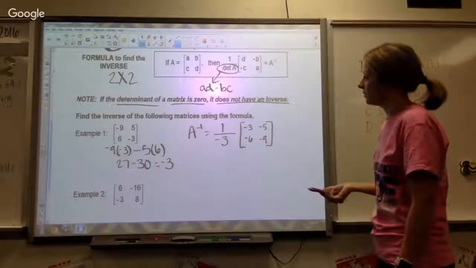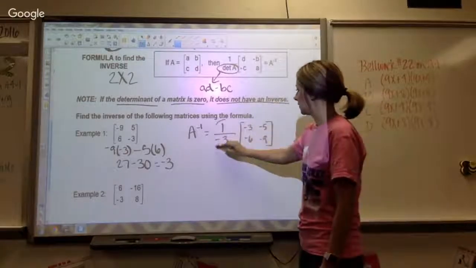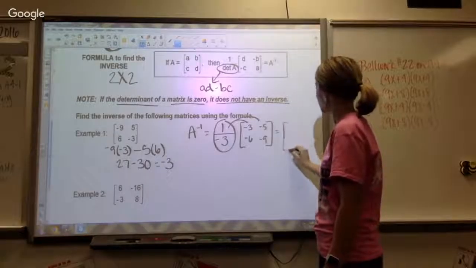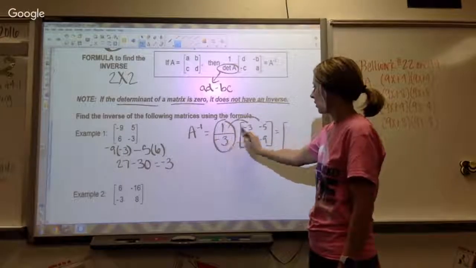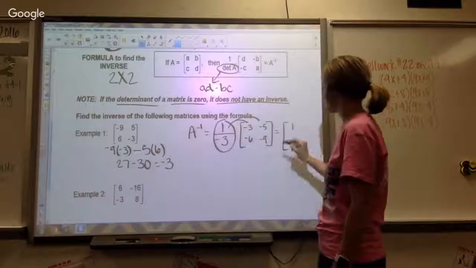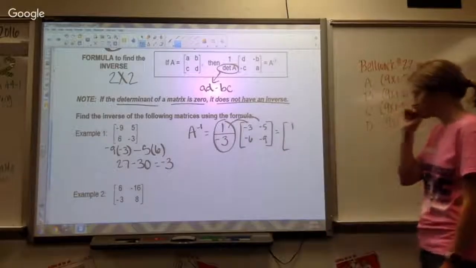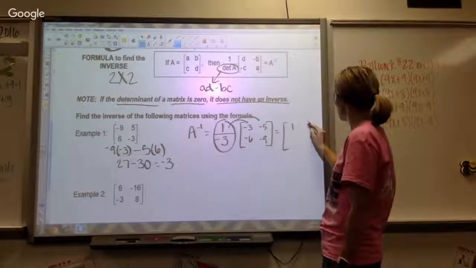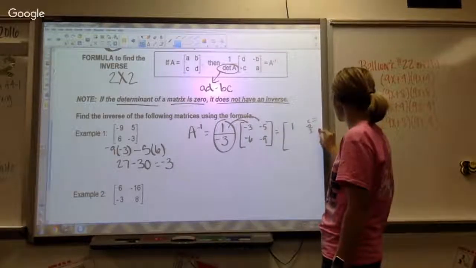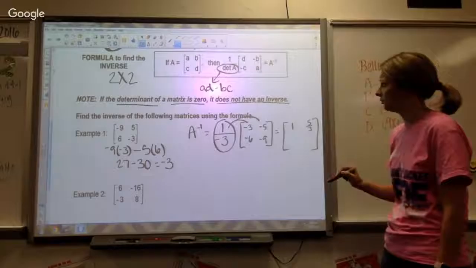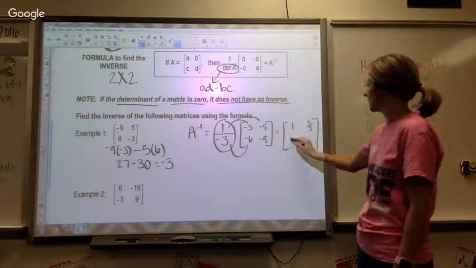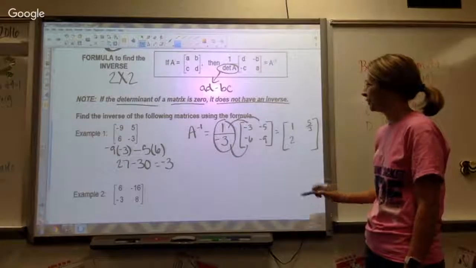Okay, so now what I will do is distribute this scalar on the inside to every element. Negative 1/3 times negative 3 would give you a positive 1. Negative 1/3 times negative 5 would give you positive 5/3. Leave it in fraction. Negative 1/3 times negative 6 would give you a positive 2.